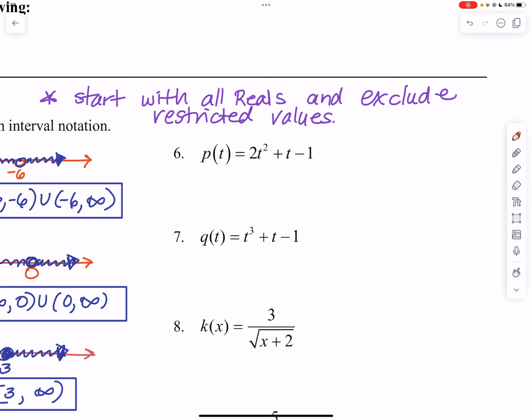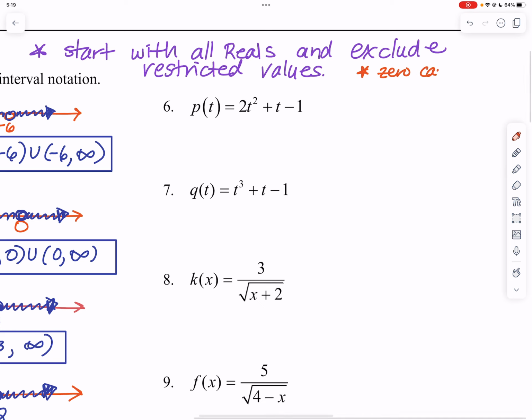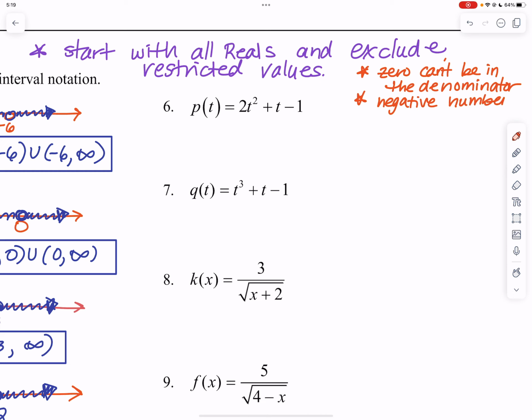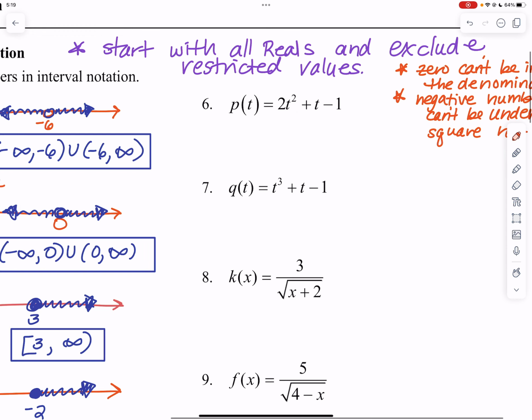What we need to look for is that 0 can't be in the denominator, and also negative numbers can't be under a square root. So those are the things that we're looking for here.